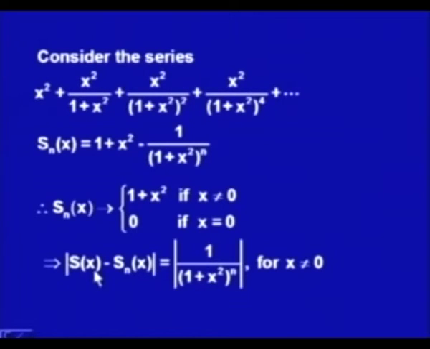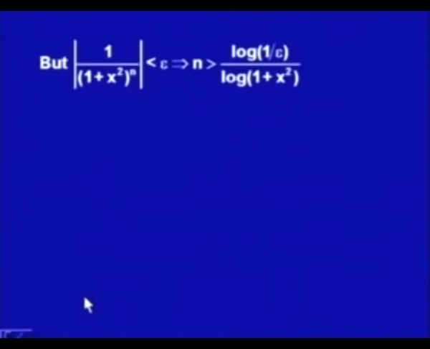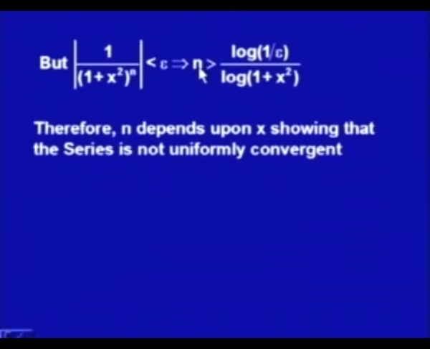So, that means S(x), the sum of this infinite series, minus the partial sum, is equal to 1 over (1 plus x square) raised to power n for x not equal to 0. But we know that modulus of 1 over (1 plus x square) raised to power n is less than epsilon implies that n must be greater than log(1/epsilon) divided by log(1 plus x square). That means this n we can choose for a given epsilon depends upon x, and therefore, n depends upon x, showing that the series is not uniformly convergent.